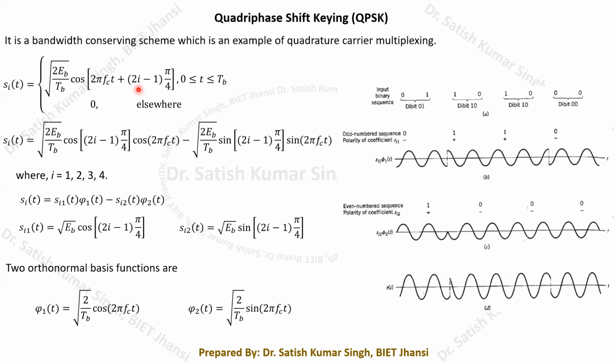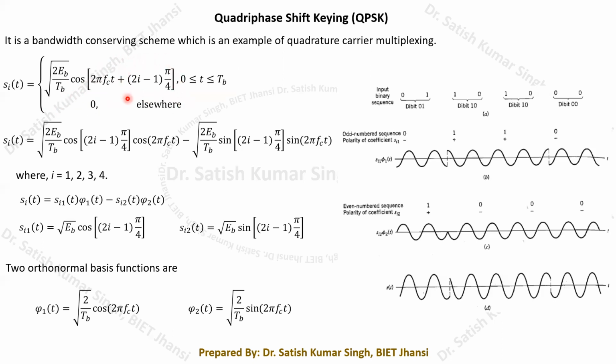So here I will take 4 different values, from 1 to 4. So I can be 1, 2, 3, or 4. Based on these values of I, we can calculate the carrier phase, because this is representing the phase part.